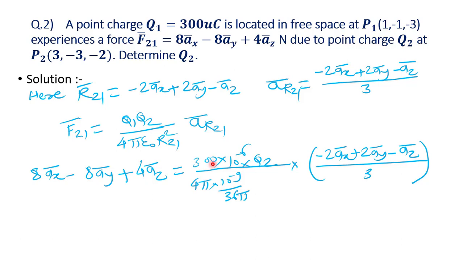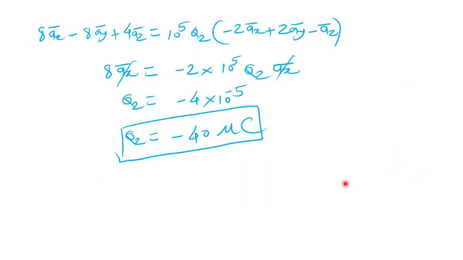So it is equal to, Q1 value is 300 microcoulomb, therefore 300 into 10 raised to minus 6, into Q2, divided by 4 pi into 10 raised to minus 9 upon 36 pi, into minus 2ax bar plus 2ay bar minus az bar divided by 3. If you simplify this, you will get 8ax bar minus 8ay bar plus 4az bar equal to 10 raised to 5 into Q2 into minus 2ax bar plus 2ay bar minus az bar.